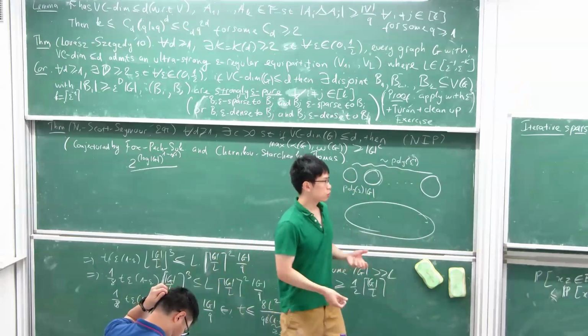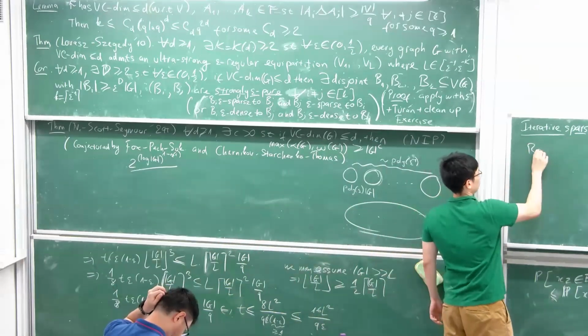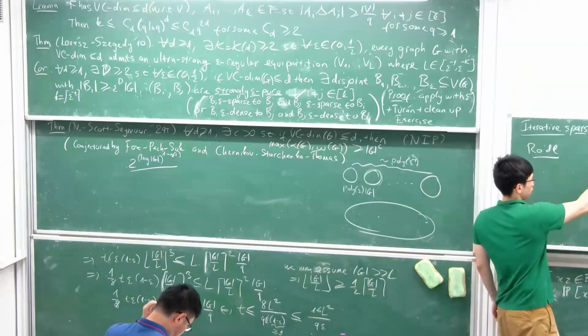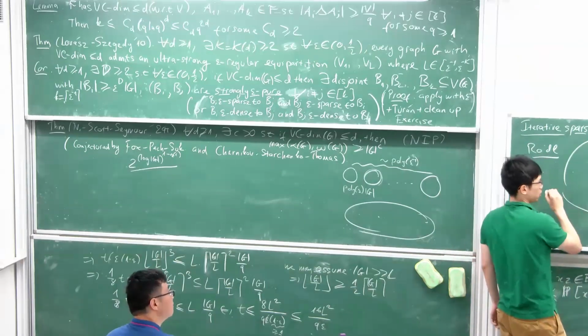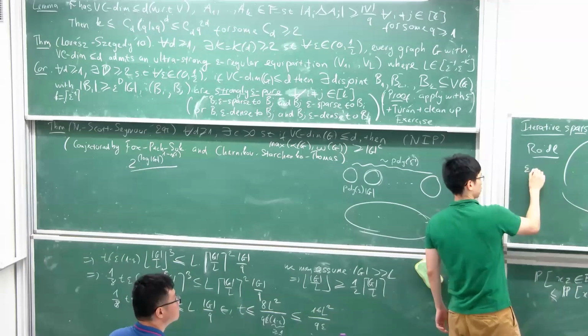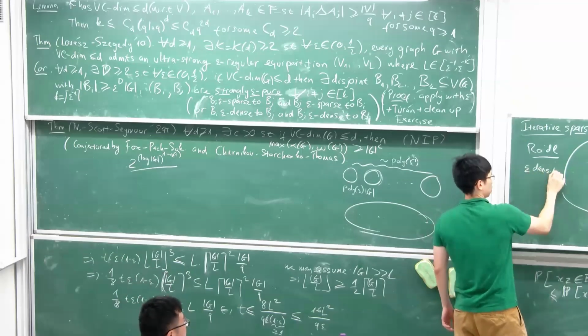So Rödl's theorem is like this: you start with a graph with a forbidden induced graph H. Now you input a density parameter epsilon.